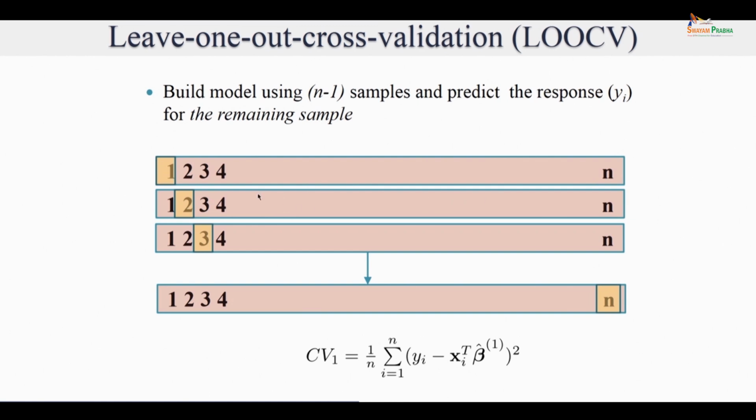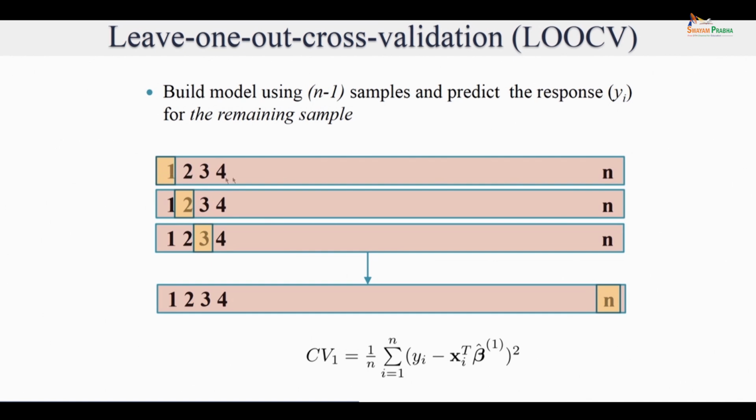Similarly in the next round, leave out the second sample and choose all the remaining for training, and then use that model for predicting on the sample that is left out. Every time you build a model by leaving out one sample from the list of n samples and predict the performance of the model on the left out sample.